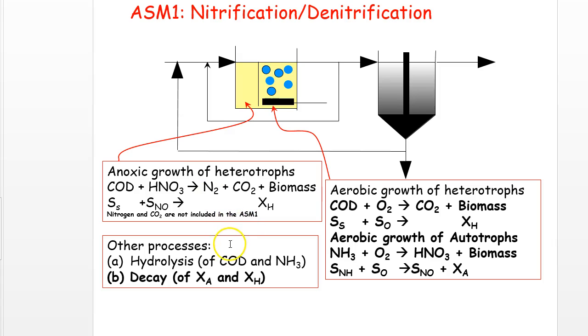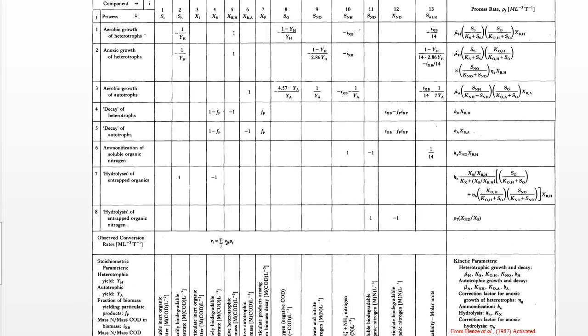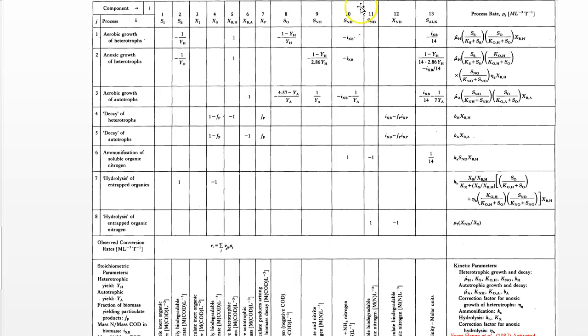So we turn the nitrogen in the wastewater into nitrogen gas that is stripped off into the atmosphere. And then there is also some hydrolysis, where COD, larger molecules, are broken down, and we have the decay of both the autotrophic and heterotrophic biomass. If we put this into a matrix, it looks like this.